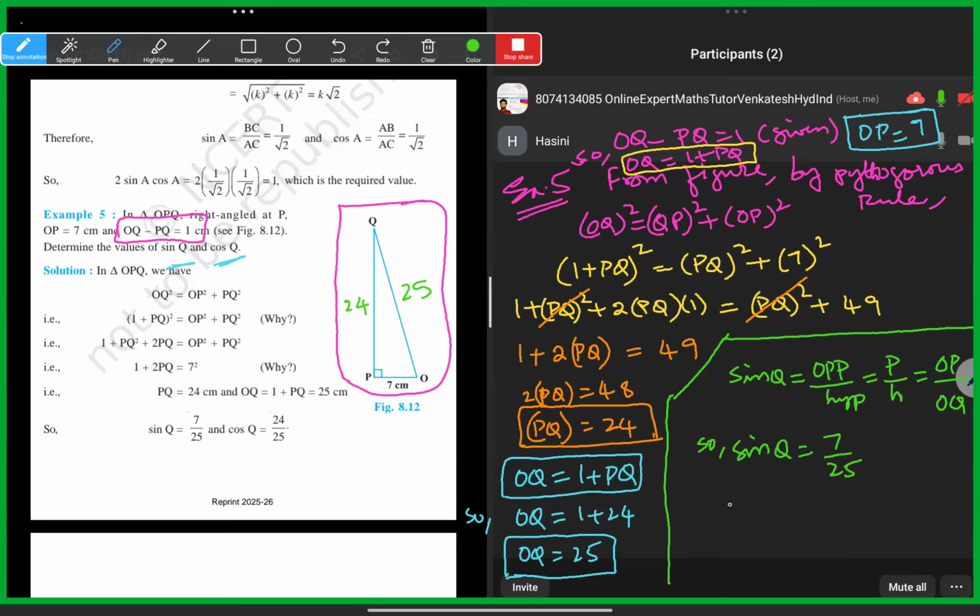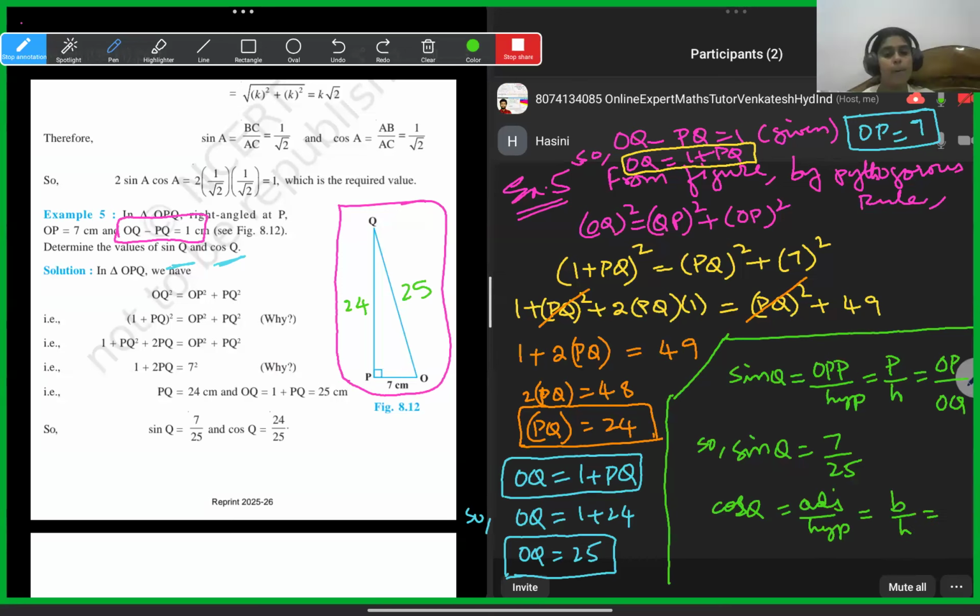Then cos q, Hasni. Cos q is equal to adjacent by hypotenuse, which is base by hypotenuse. For angle Q, the base will become OP only.